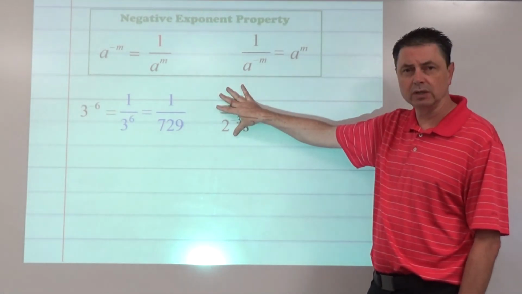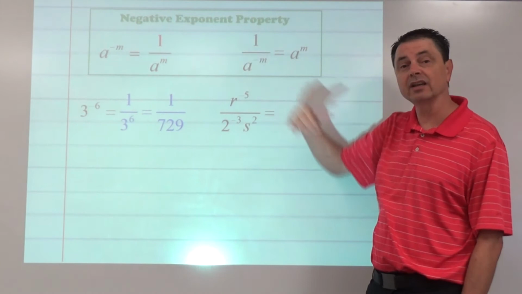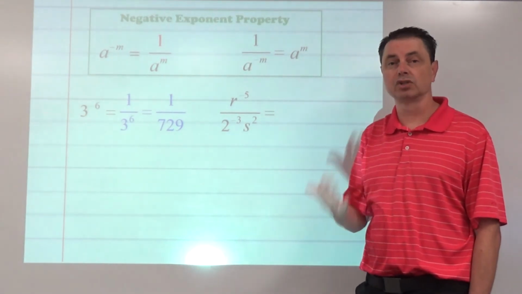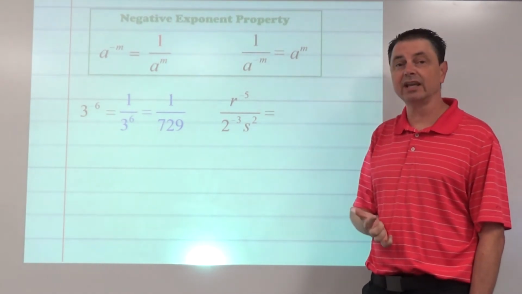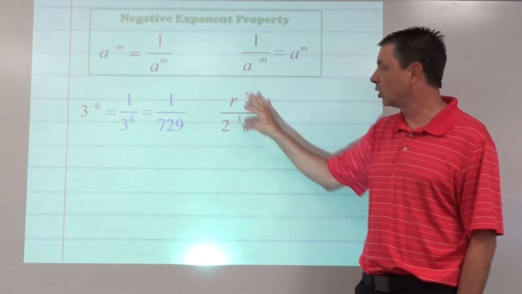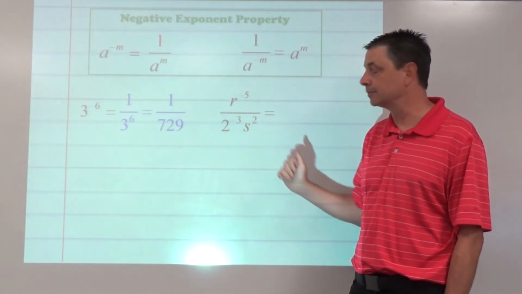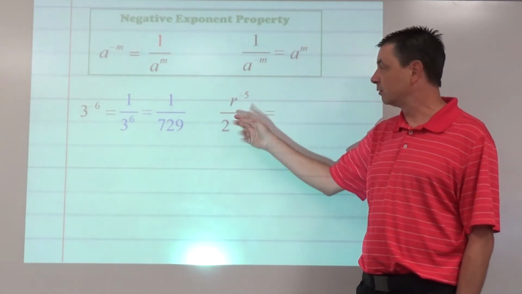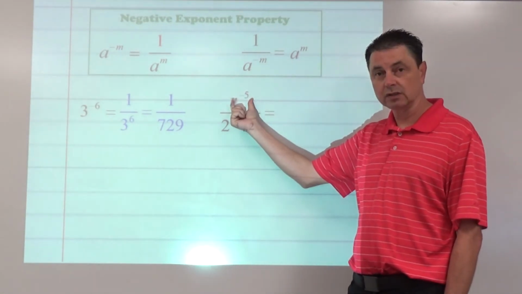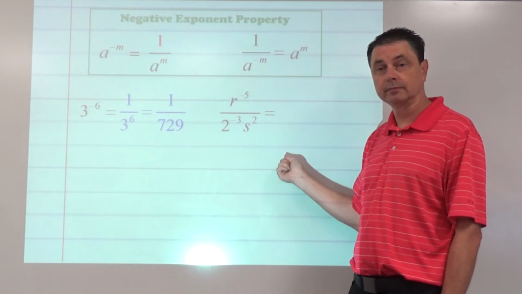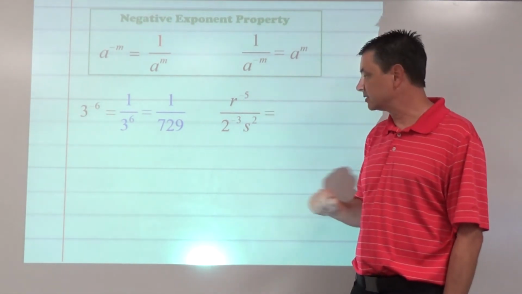What about this one? Again, kind of think of this idea of level change. If it has a negative exponent, it's part of a quotient and or product, no addition or subtraction, it's going to level change. So the r's on top, they're going to go to the bottom. Exponent changes to positive.